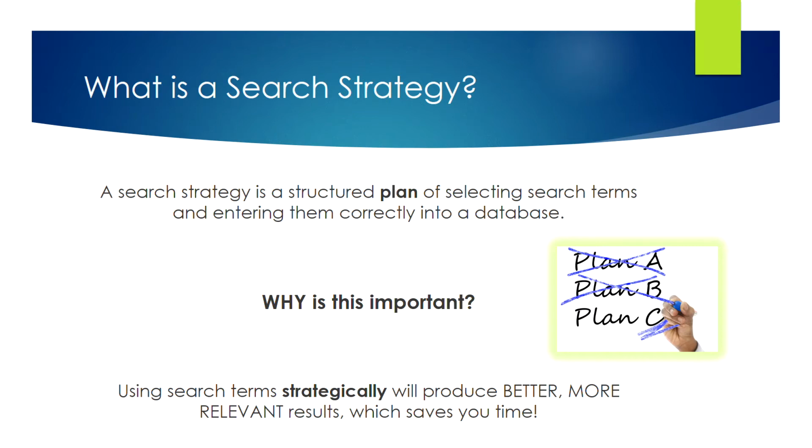But if you use the proper words for your searching, and you also know how to properly put those into the database, the results that you do find will be very pertinent to what you're looking for. And therefore, you'll save lots of time in going through page after page of articles that you don't need.